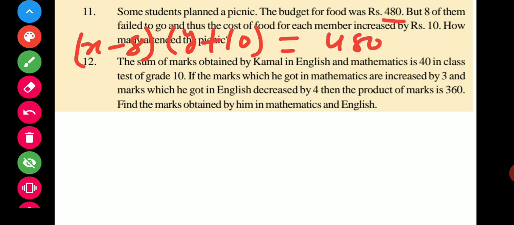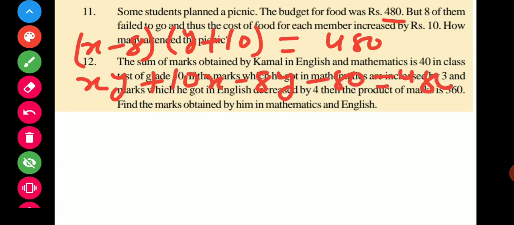Now do the multiplication inside. It is x into y plus 10x minus 8y and minus 80 is equal to 480.